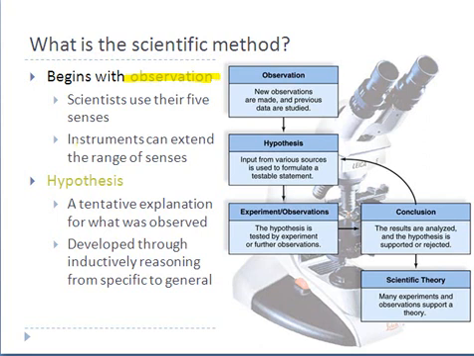Sometimes we use instruments to study them, and sometimes it could be just using your five senses. For example, you've observed a change of color, or you've observed the height of an organism growing to a certain length, and so forth. So it is just the first step in the scientific method.